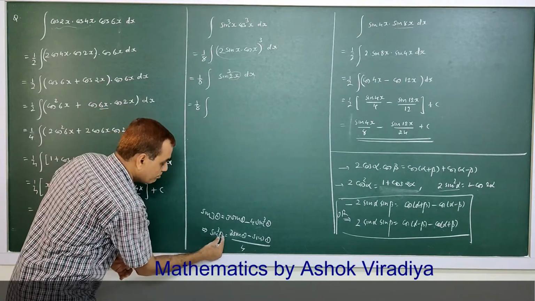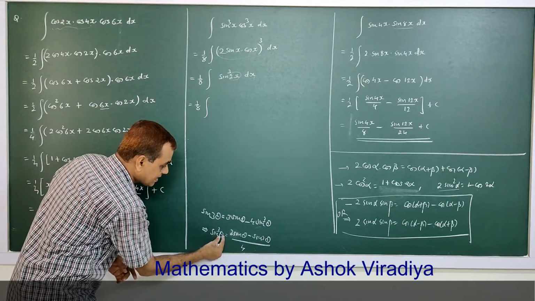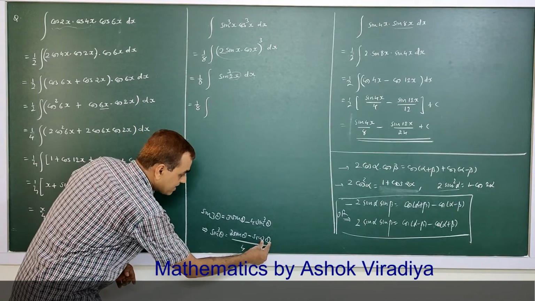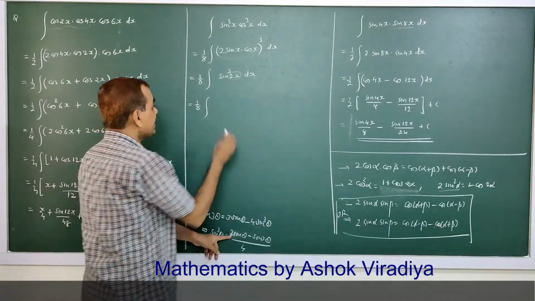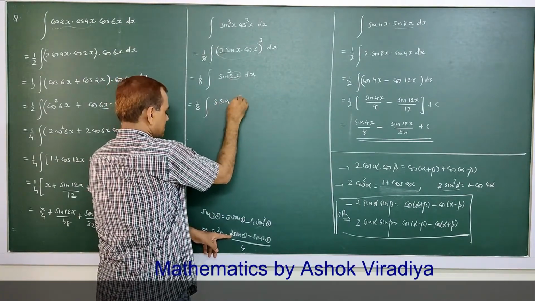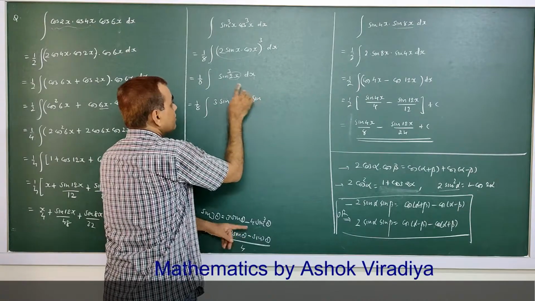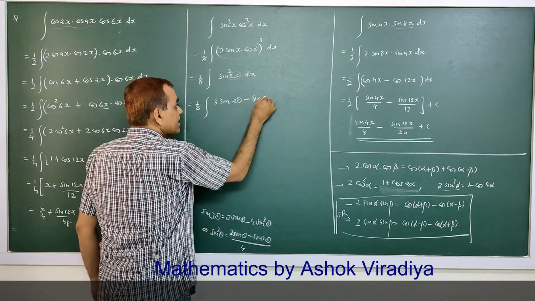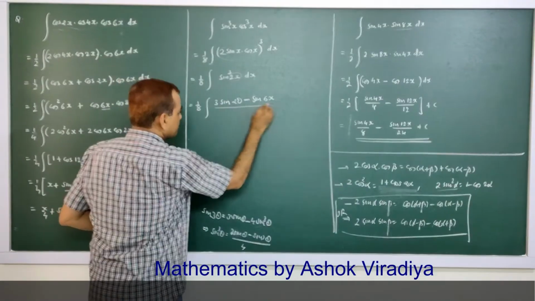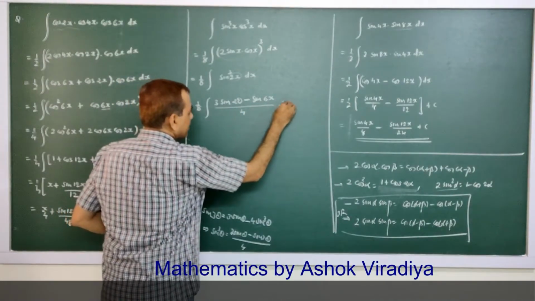Here we have to put 2x, so 3 into 2x will be 6x. So 3 times sine theta minus sine of 3 times this number, that is 6x, divided by 4, dx.